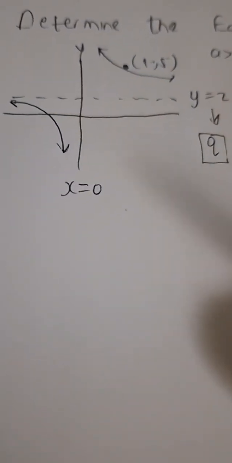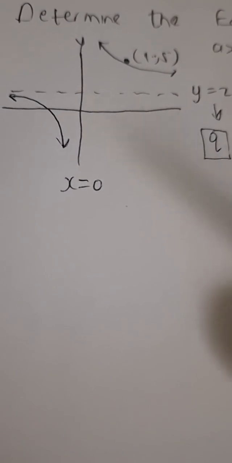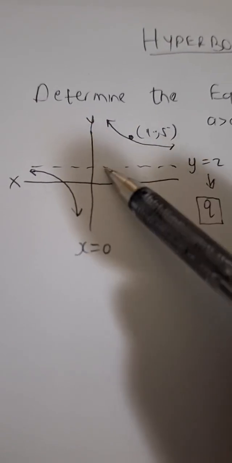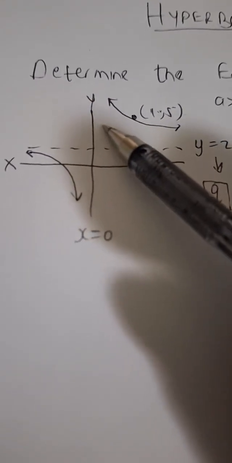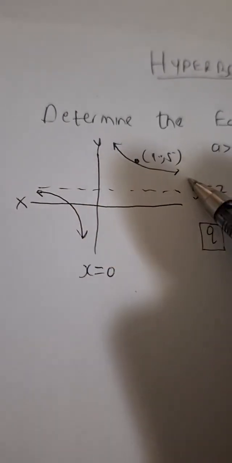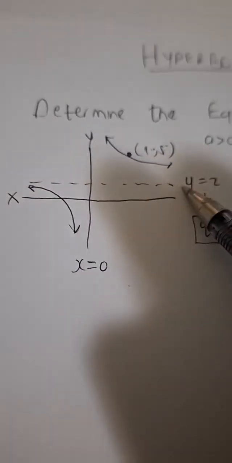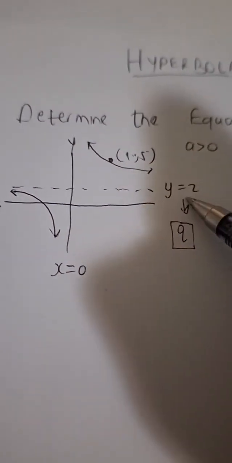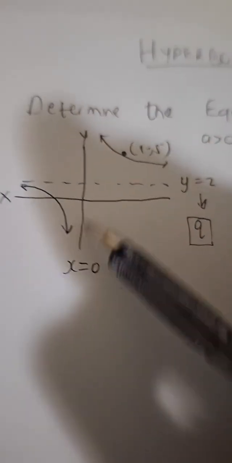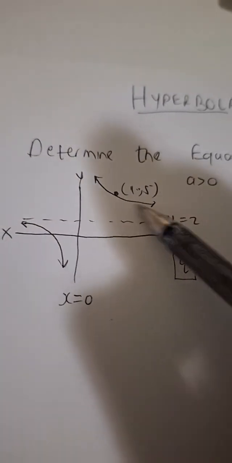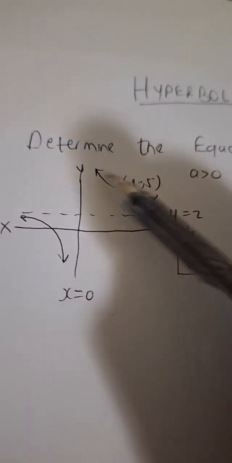I may as well have done this, because remember, this vertical asymptote was not explicitly written down, but it is something that I can conclude is given to me, given the sketch of the function itself, because I could see the horizontal asymptote was explicitly given to me, meaning it was given to me directly, y is equal to 2. But for my vertical asymptote, there was no equation, but I could clearly see that my y-axis is a boundary line which this hyperbola does not touch.